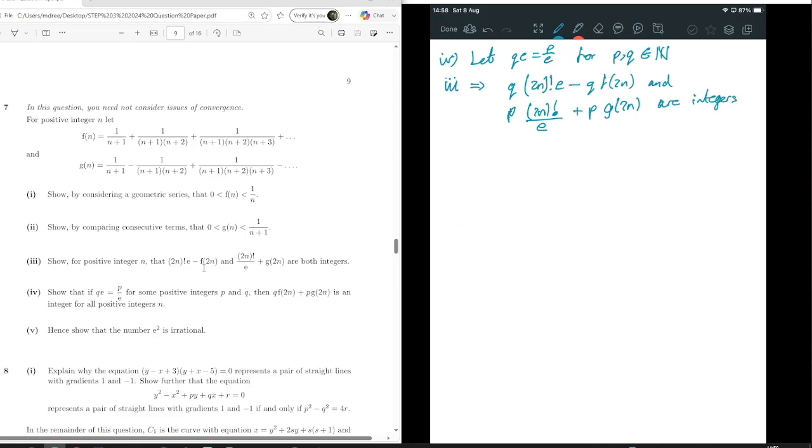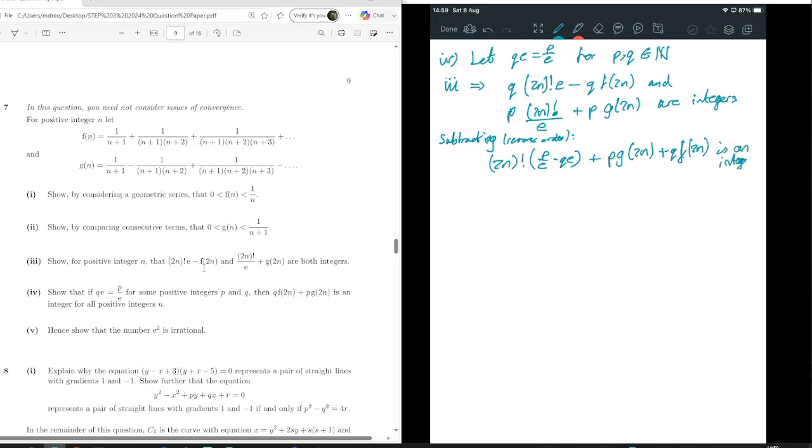And now if I subtract these, and I actually want to subtract these in the wrong order, in reverse order, I'm going to get a 2n factorial lots of P over E minus QE, and plus PG2n plus QF2n is an integer.